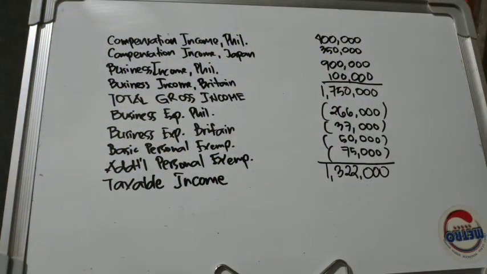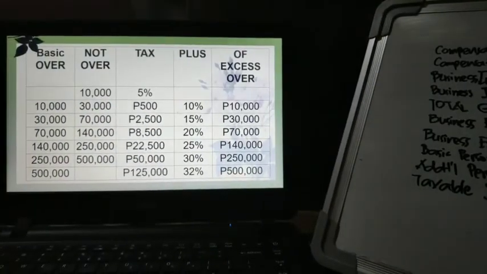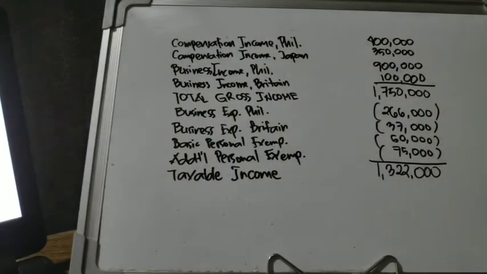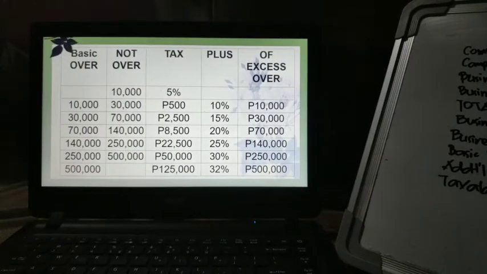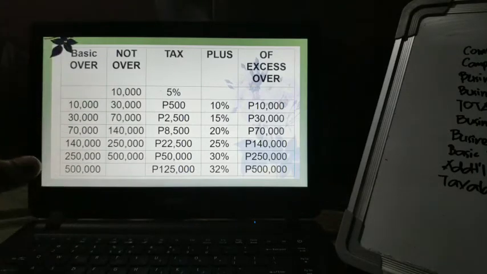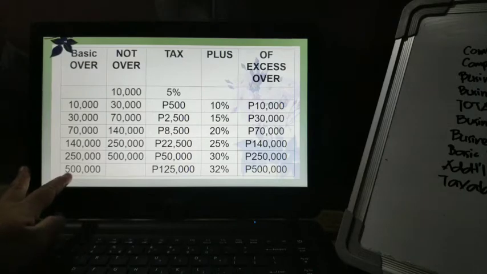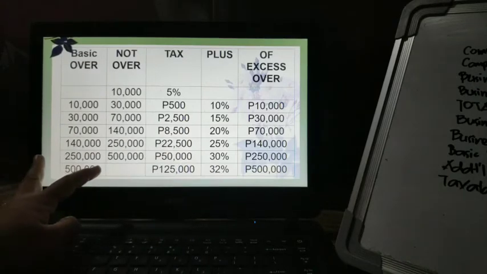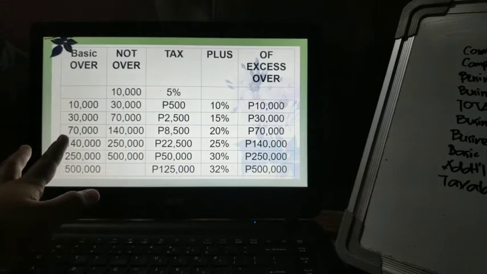So we've already solved for the taxable income. Now from here, we will now use your tax table. So the taxable income is 1,322,000. So in using your tax table, diba, ito, two columns are the ranges of the taxable income generated by the company. Now, for this problem, dito ang range niya, 500 up to magkanong income na na-generate niya.